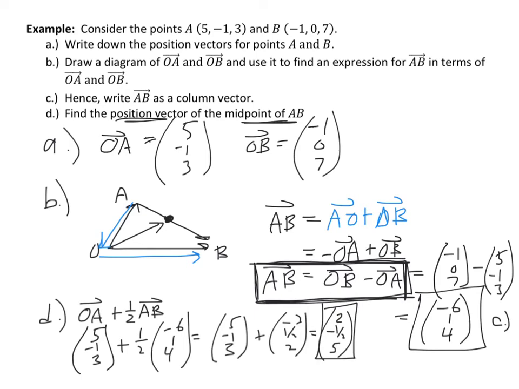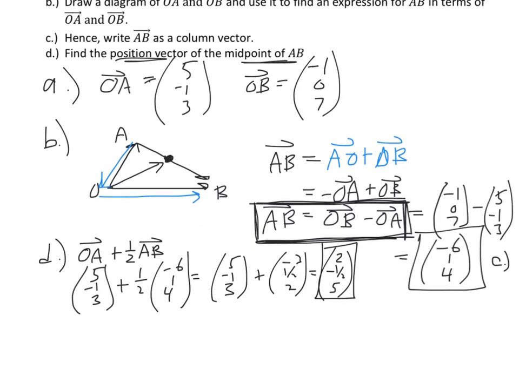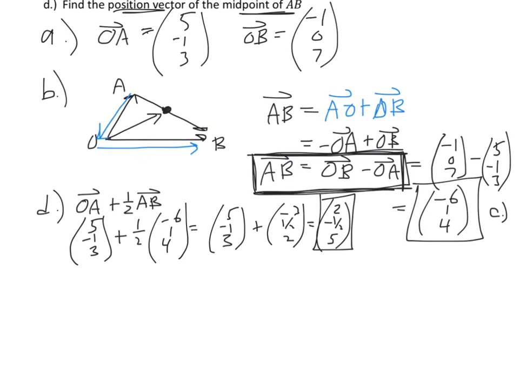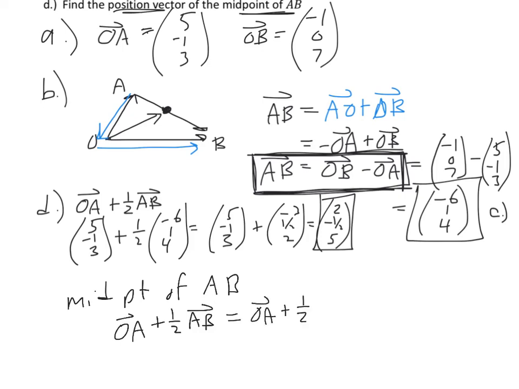Now there is one more sneaky thing that I could say about that midpoint, and you can add this to your notes if you'd like. We found the midpoint of AB by doing OA plus 1/2 of AB. But remember that AB was just OB minus OA. So if we multiply this out, you'll have OA plus 1/2 OB minus 1/2 OA.